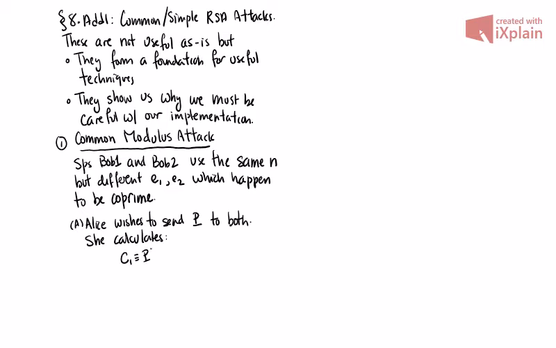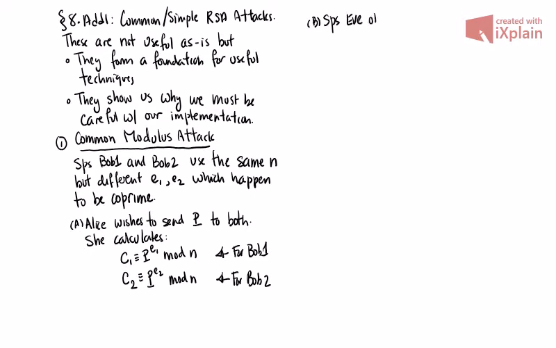So this is P to the E1 mod n, and C2 will be P to the E2 mod n. So the first one is for Bob 1, and the second one is for Bob 2. So suppose Eve is the eavesdropper. She obtains both of these, C1 and C2.